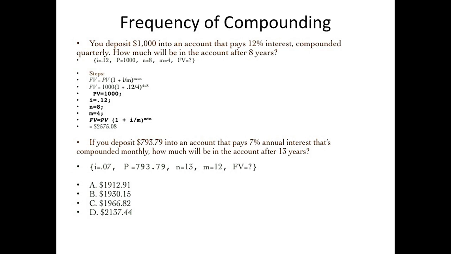Now, the next part of what I just told you is, what is the effective interest rate per period? Remember, the period now is a quarter, 3 months. So if you have a problem that says 12% interest compounded quarterly, that means the effective interest rate per quarter is 12% divided by 4, which is 3% or 0.03.